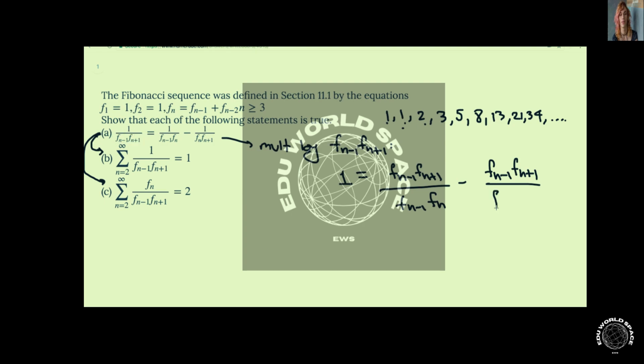So then we have this. Cancel as much as we can here. Cancel those f_{n-1}s. f_{n+1} over here. And then we're left with f_{n+1} over f_n minus f_{n-1} over f_n.